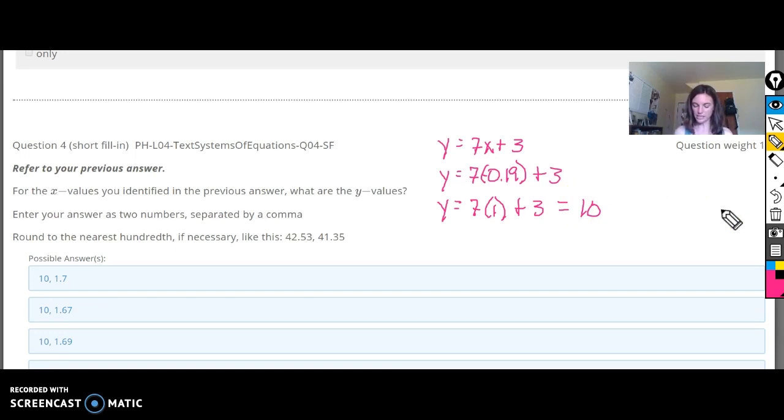And 7 times negative 0.19 is negative 1.33, and then add 3, I get a positive 1.67. Okay, so those are very close to the numbers we were looking at. We were looking for something just under 2 based on our graph, and we were looking for a positive 10. So you can go ahead and write those in there.